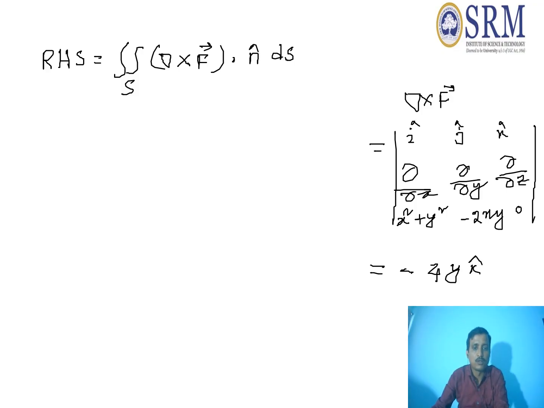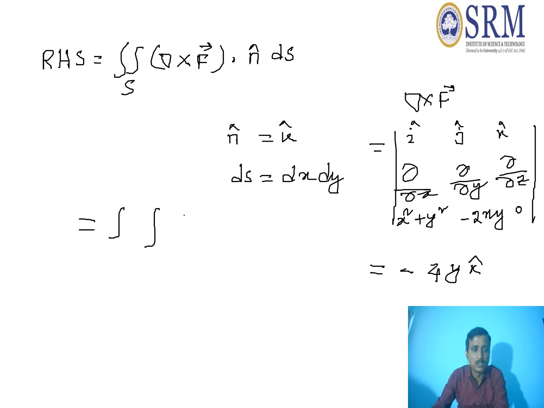And the graph is given on the xy coordinate, so what is n? n is equal to k only. That is the positive oriented normal. And what is dS? dS is dx dy. Okay, so now you will get the RHS value.